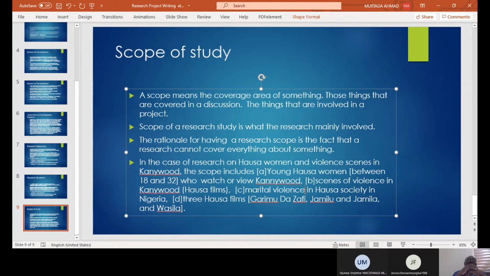He conducted research in the UK. He tried to replicate it, and so on and so forth. And Ahmad Murtada and Dauda conducted similar research in Ilorin, and looked at whether television violence could cultivate violent behavior in the youth. And we came up with some findings and contributed to the existing body of knowledge.